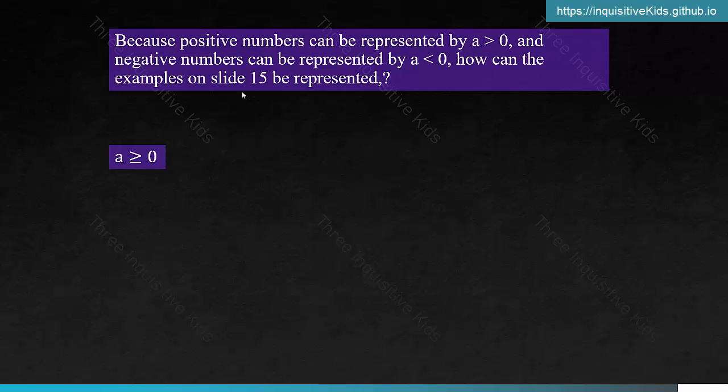Because positive numbers can be represented by A is greater than 0, and negative numbers can be represented by A is smaller than 0, how can the examples on slide 15 be represented?